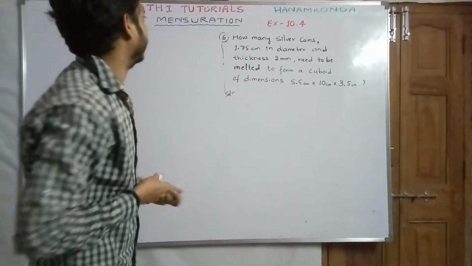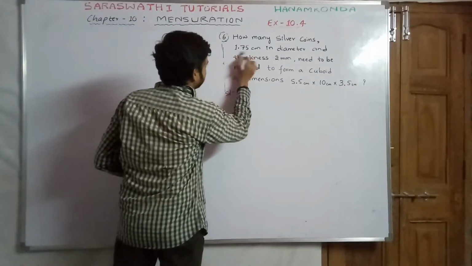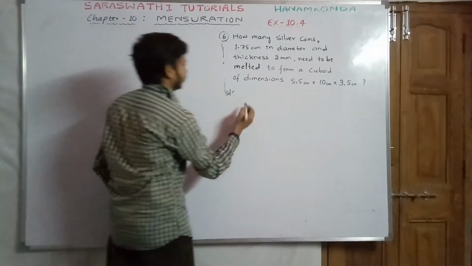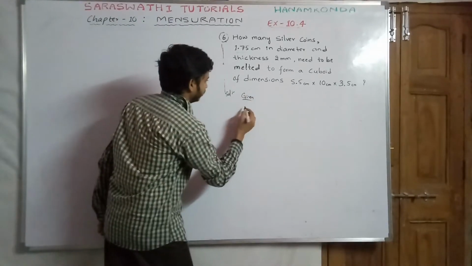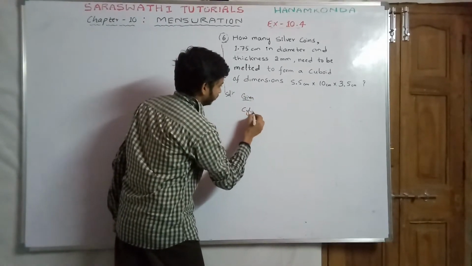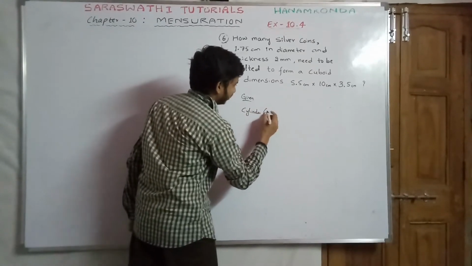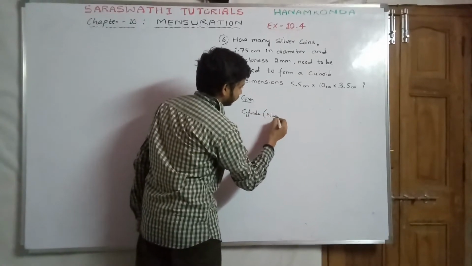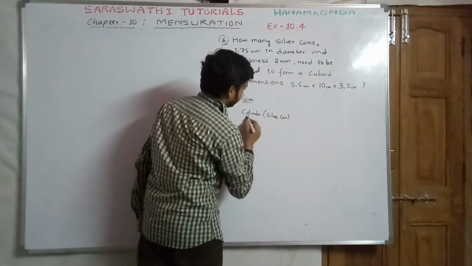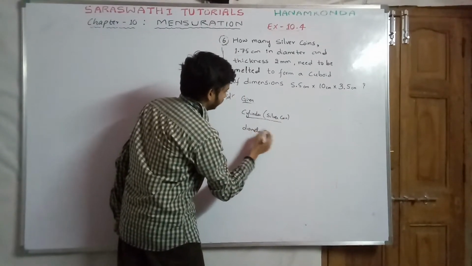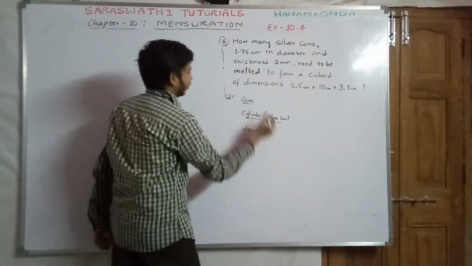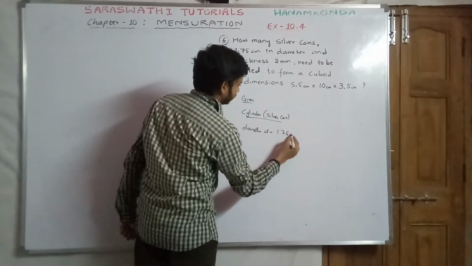Given in the question that 1.75 centimeters is the diameter, so write the given data first. Given data: cylinder dimensions, and the cylinder is nothing but the silver coin. Silver coin dimensions given: diameter d equals 1.75 centimeters.